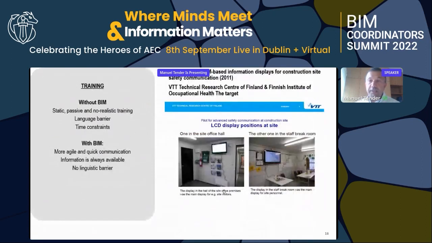In terms of training, the Finnish research center VTT has been talking about this since 2011. It's not so recent. It's a very important part of OSH management. Usually, without BIM, we have the language barrier. Trainings are static, passive, not realistic, and with lots of time constraints.